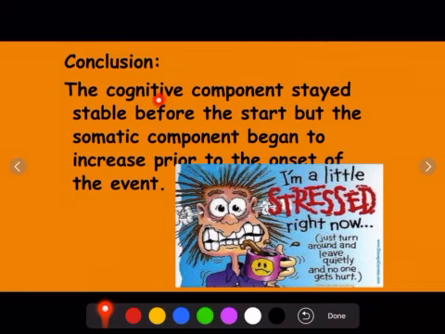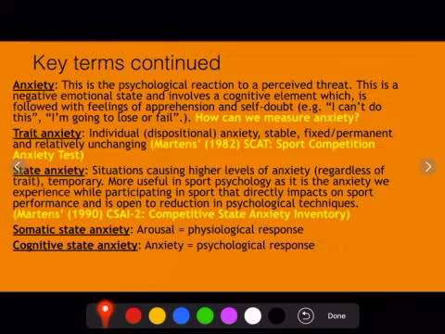But the cognitive component, if you weren't feeling confident 48 hours before, you probably still weren't 5 minutes before. So it stayed quite stable in Martens' study. Okay. But your body started to have the increase in heart rate and started to notice those increases before the event.